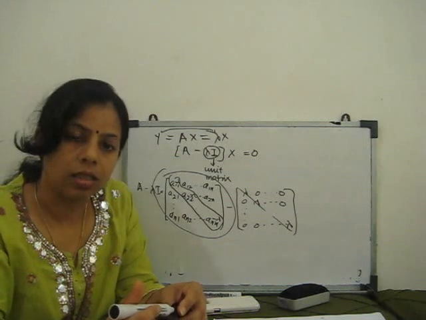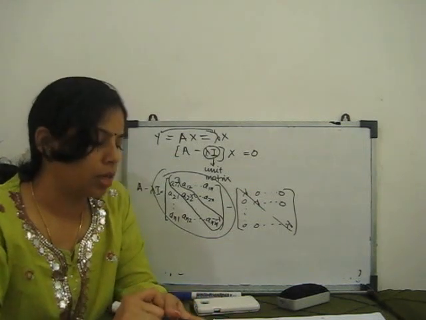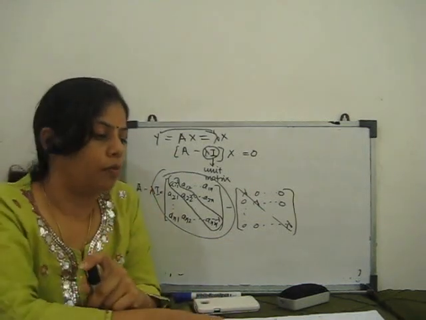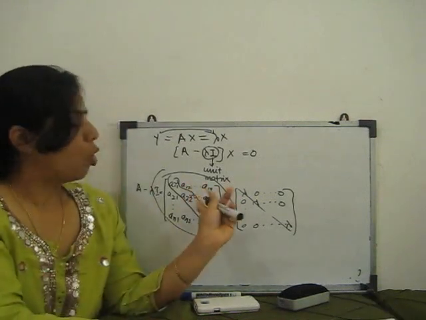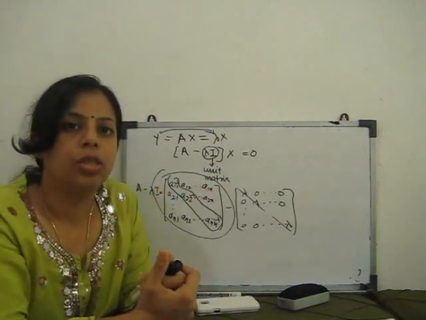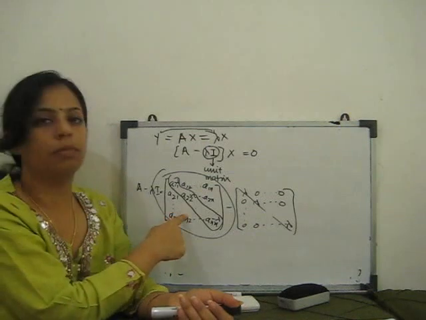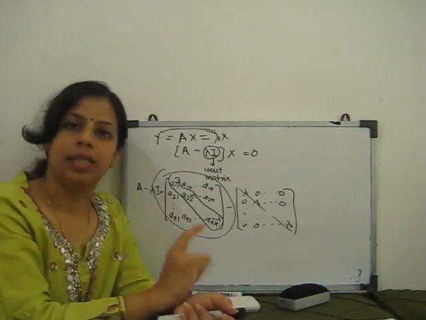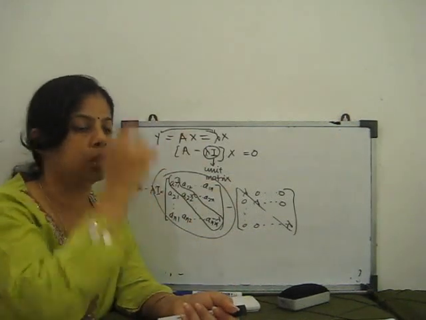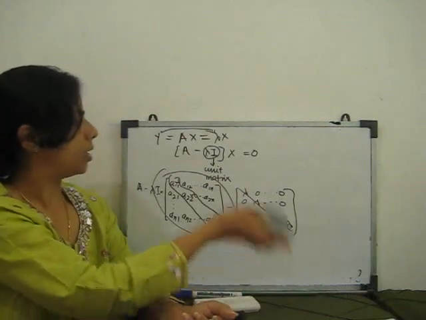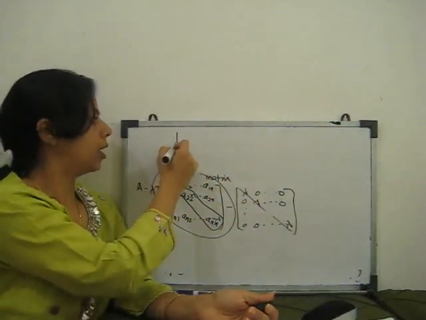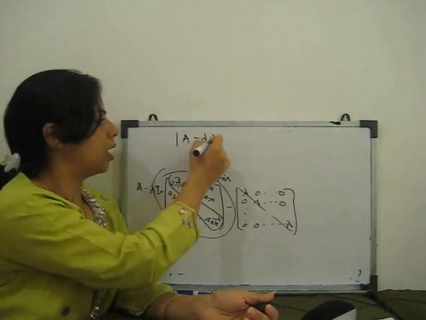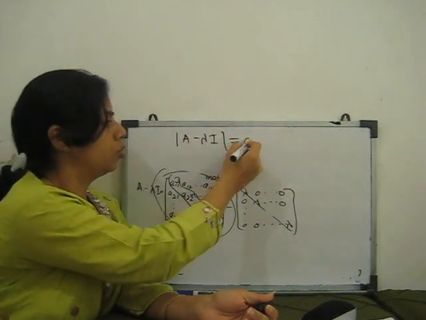Now what is the next step for finding the characteristic equation? We have to find the determinant. If this coefficient matrix is singular, it means its determinant is equal to 0. So we use the result that the determinant of A minus lambda I equals 0.